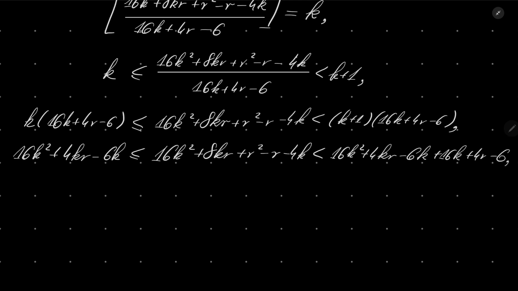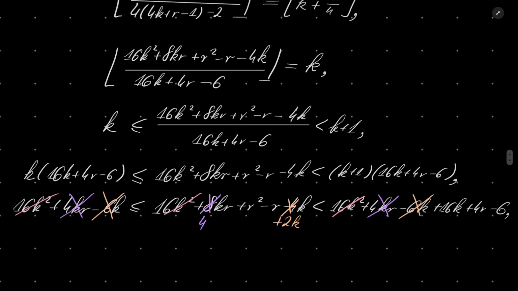Now, time for some cancellations. First, notice that here we have 16k squared, here we have 16k squared, and here as well, gone. What else? Well, here we have plus 4kr, so we can cancel with 8kr and we have 4kr. 4kr here as well. What else? We can add 6k, so we have minus 4k, and if I add, I will have plus 2k. Let me look at my notes. Is it right?